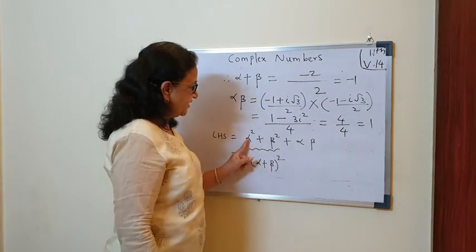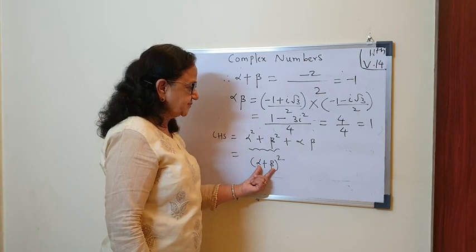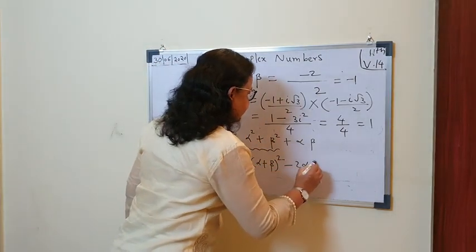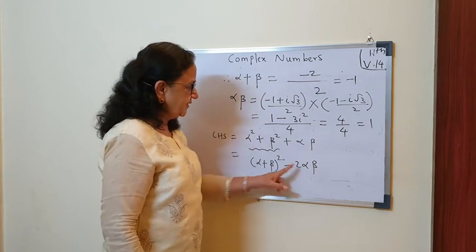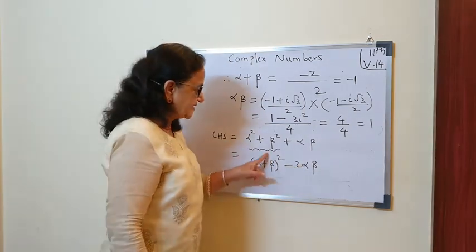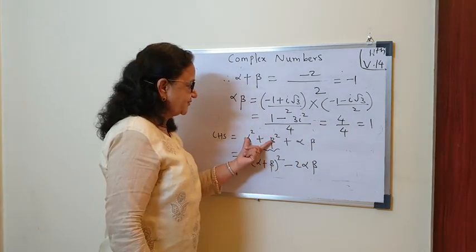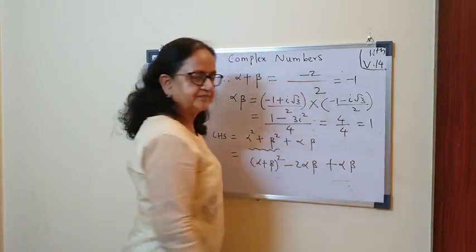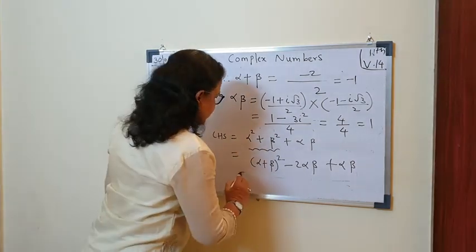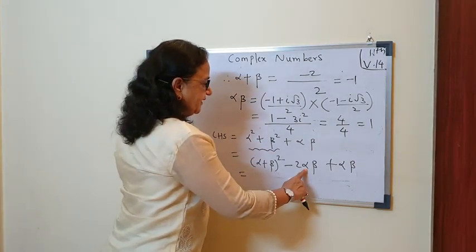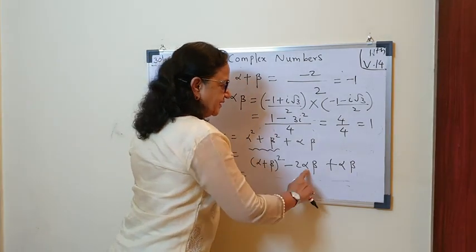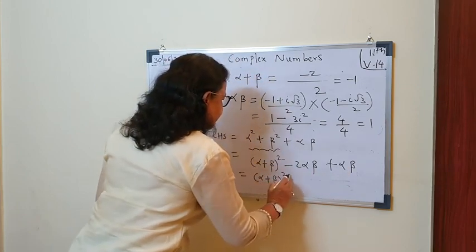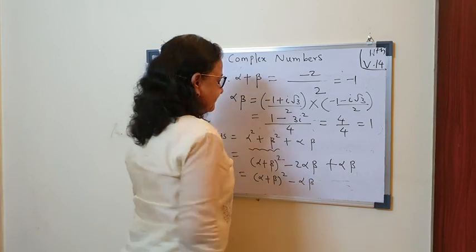A square plus B square you have, but where is the middle term? 2 alpha beta is not there, so I must subtract it. So plus 2 alpha beta and minus 2 alpha beta will cancel each other, and then the two terms will be left with you, and this original term as it is. Understand? So minus 2 alpha beta and plus alpha beta now makes minus alpha beta. So it is alpha plus beta the whole square minus alpha beta.